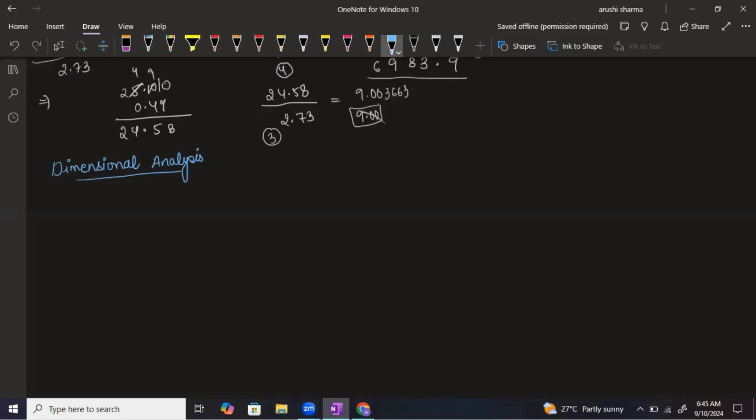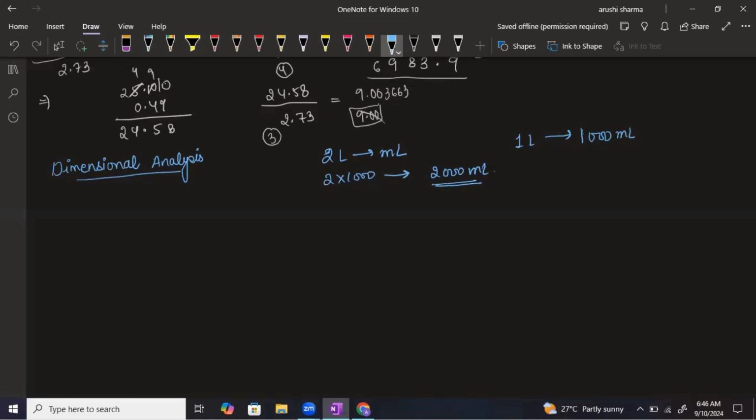Let's say I want you to convert 2 liters, a very simple question, into milliliters. Definitely you need to know the relation between 1 liter and the milliliter, isn't it? If you know that 1 liter is equal to 1000 milliliters, you can simply multiply and you'll get your answer, right?